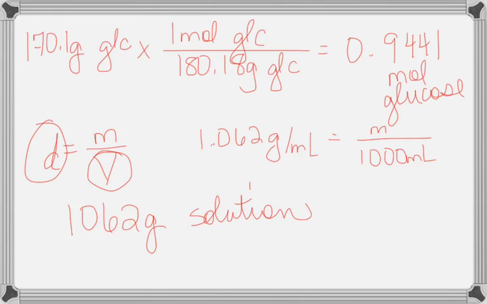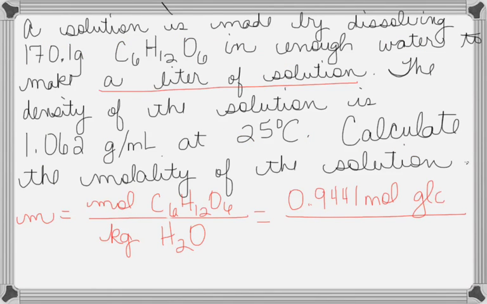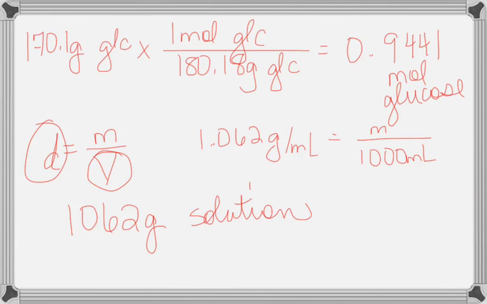Okay. Tell me again what we're trying to figure out. The molality, and in order to finish solving for molality, I need kilograms of water. What do I have? Essentially I have kilograms of solution, don't I?